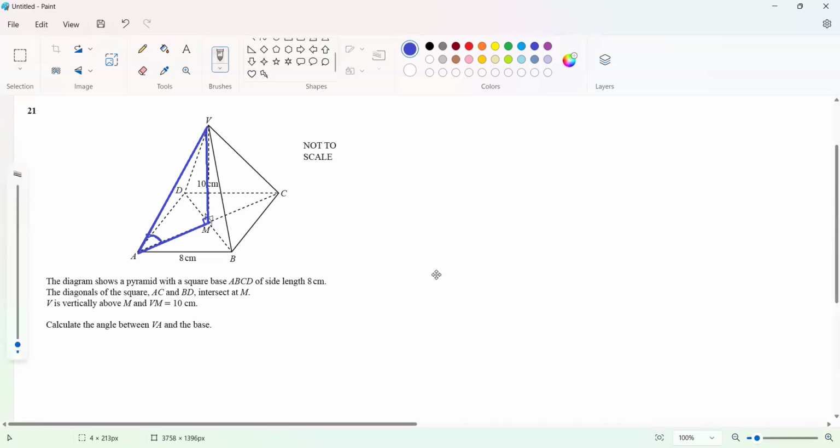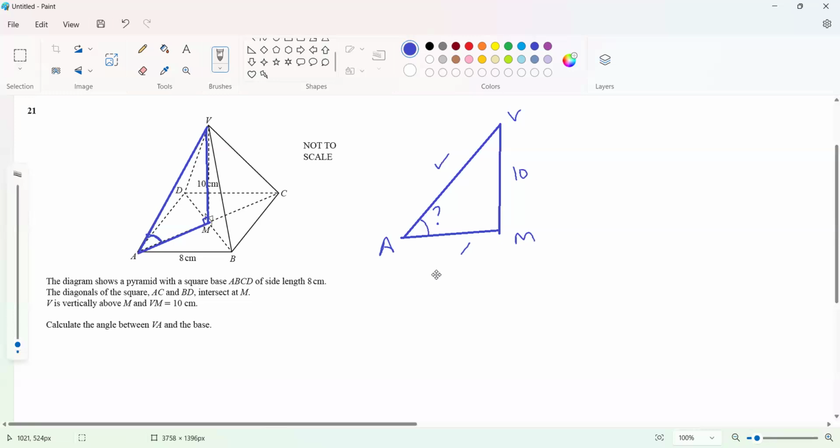So if we were to just take out that right-angled triangle and put it in a 2D plane here, this would be VAM. Sorry, face VAM. So this one is 10 cm, and they are looking for this angle. From here, we can calculate the angle by first finding one more of these lengths.